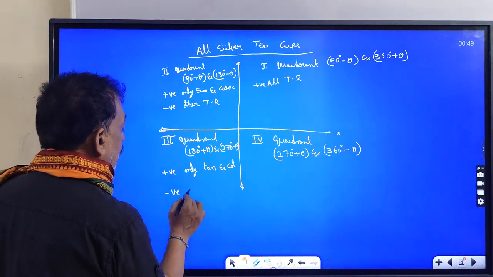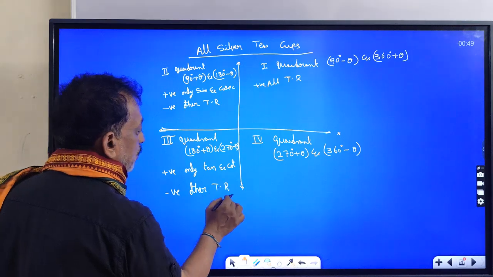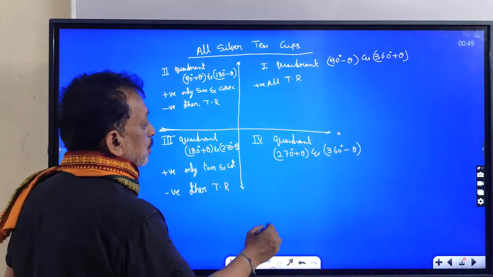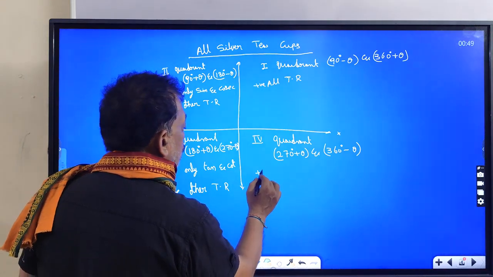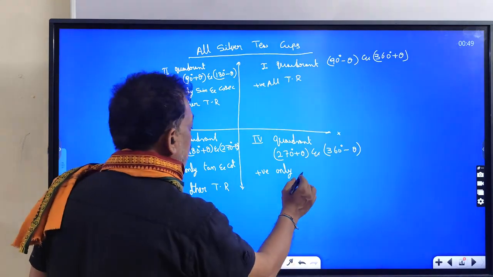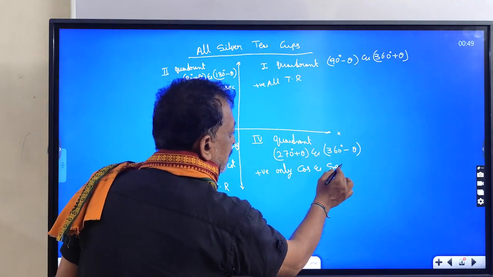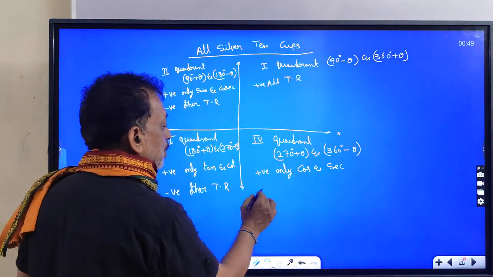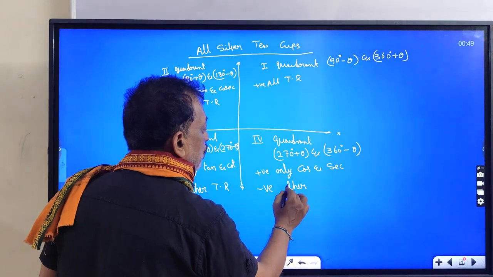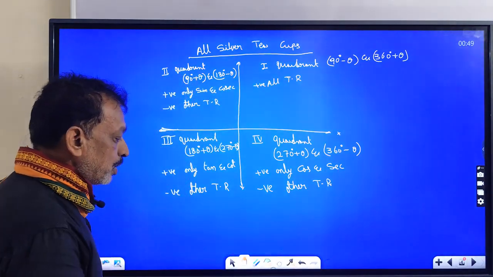Next, in the fourth quadrant, Cups means cos, only cos and secant are positive. The other trigonometric ratios are negative. Okay, all of you understanding this one.